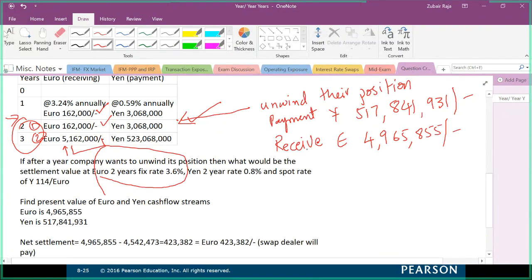They are entitled to receive this much, and they are obligated to pay this much in yen, right?